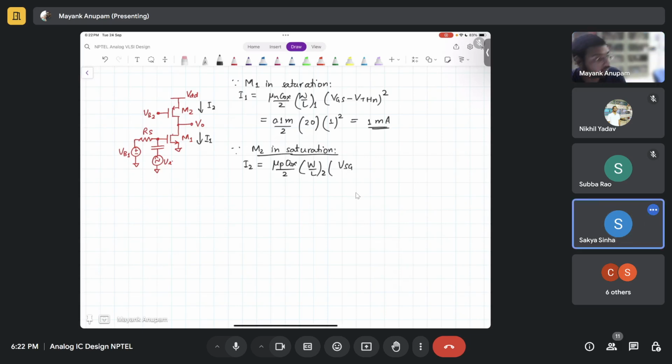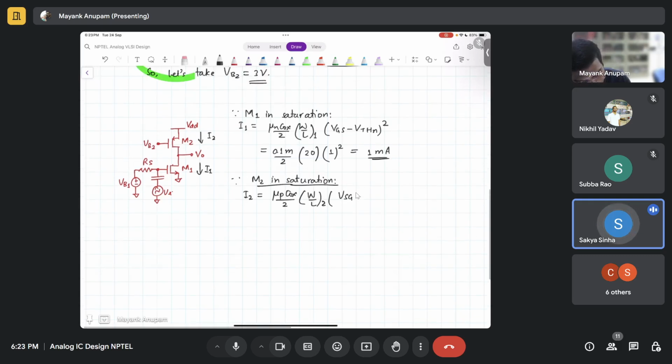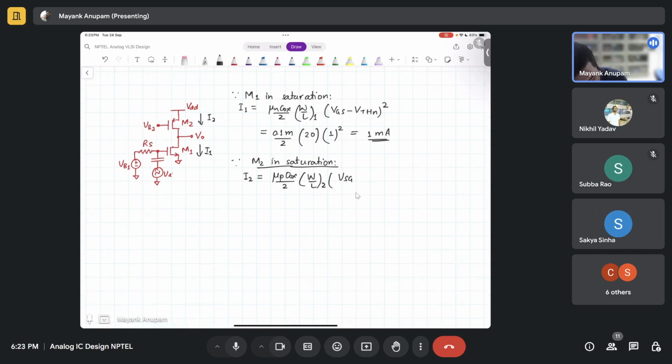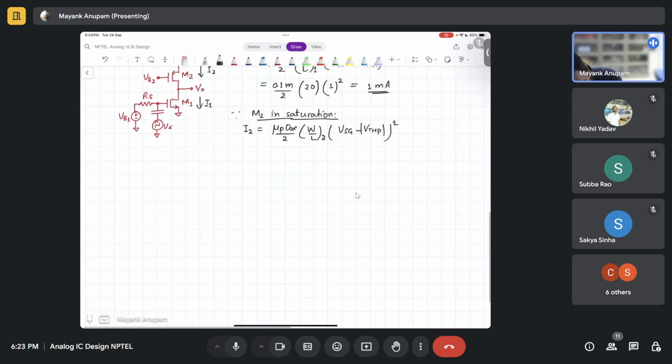I want you to focus in this way only. So tell me, by the way, what will be I2? VSG minus VTHP whole square, right? Fine. So tell me what will be I2 in that case.